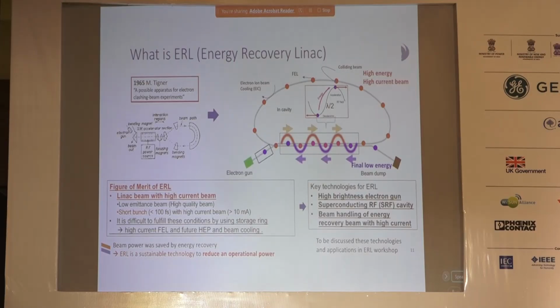This is an electron energy recovery linac system. Once the electron is accelerated, it carries energy, and after coming back one time, this energy can be used to accelerate new electrons.